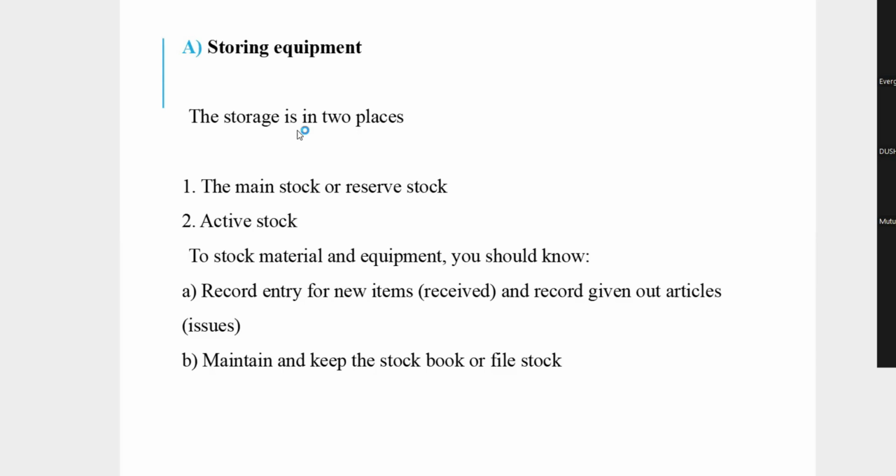The active stock is the stock we find, like in hospitals, where there is a main pharmacy store storing items in general, and you also find small stores in different departments.